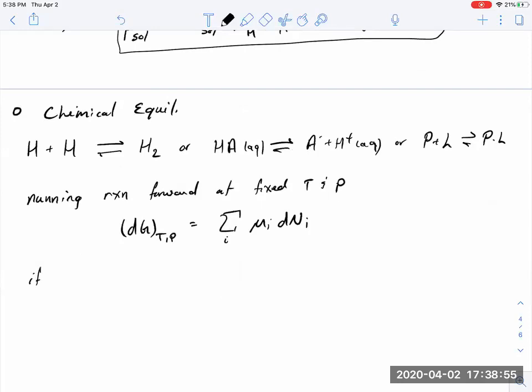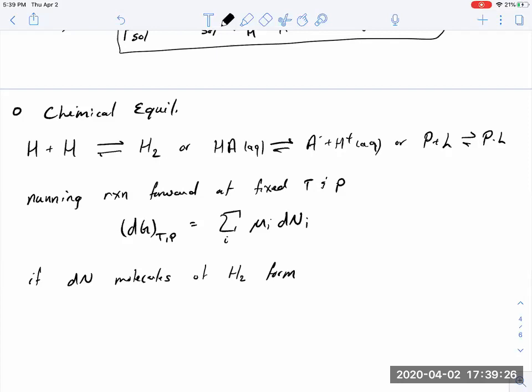If I run this reaction forward a little bit and say dN molecules of H2 dissociate, then I have, let's say, form, running it forwards.